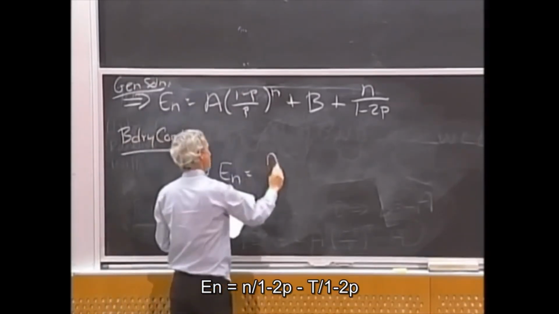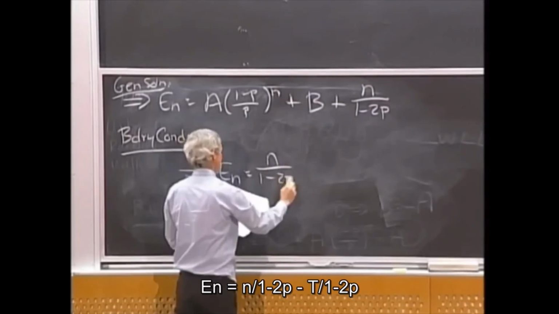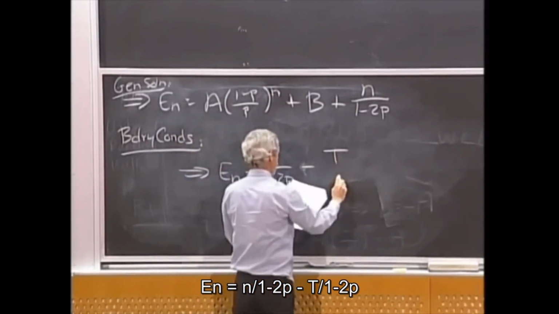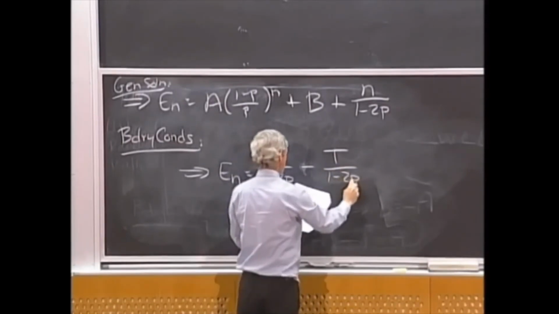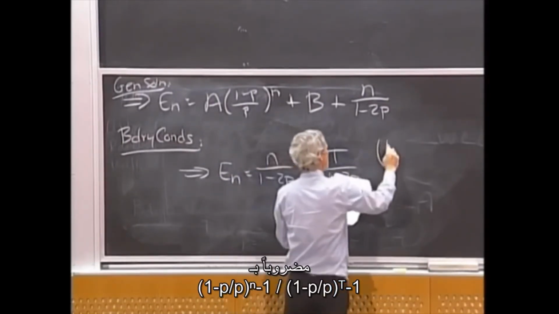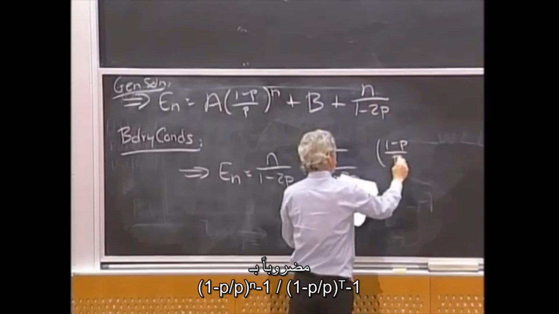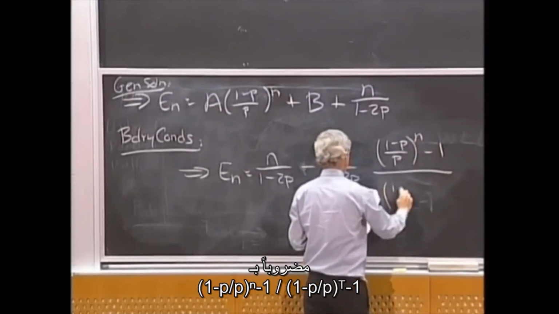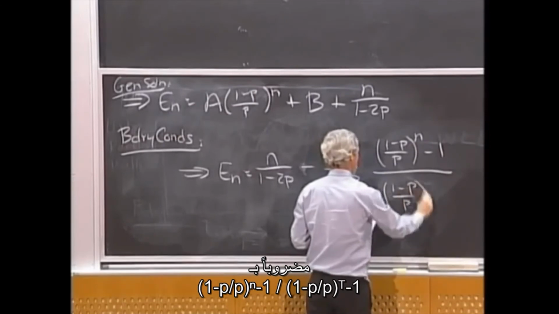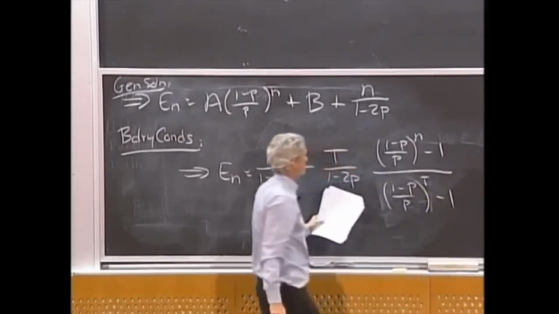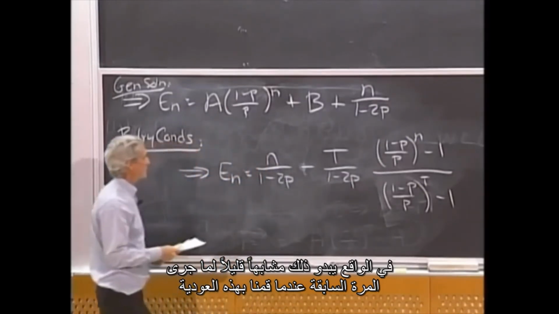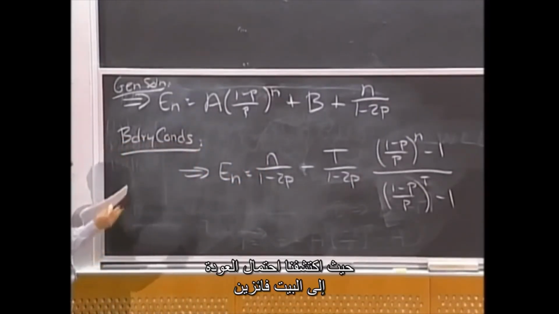E_n equals n over 1 minus 2p, minus t, the upper boundary, over 1 minus 2p, times (1 minus ((1 minus p) over p) to the n) over (1 minus ((1 minus p) over p) to the t). So actually, this looks a little familiar from the last time when we did this recurrence, figuring out the probability we go home a winner.